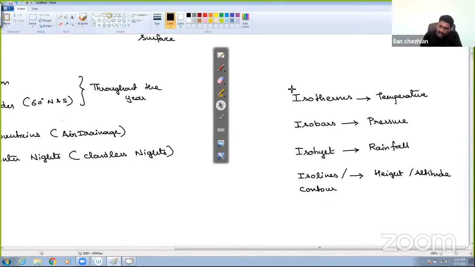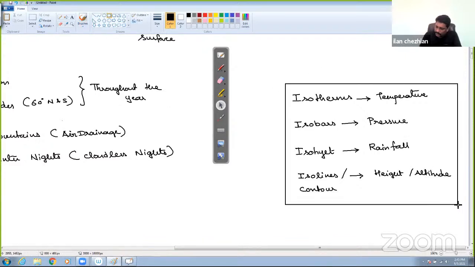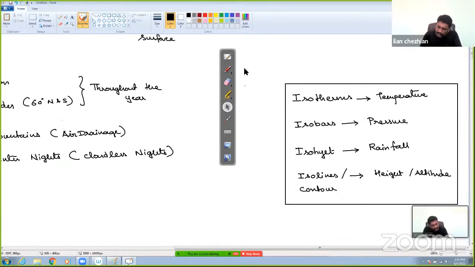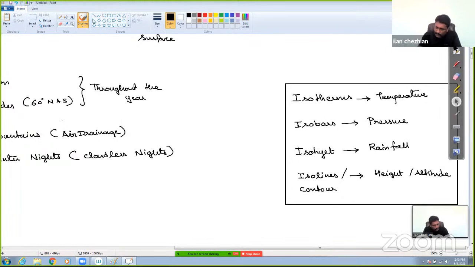All this, what I have just given you is very important. You mark it important. So isotherm is temperature, isobar is pressure, iso height is rainfall. Isoline or contour is for height or altitude.